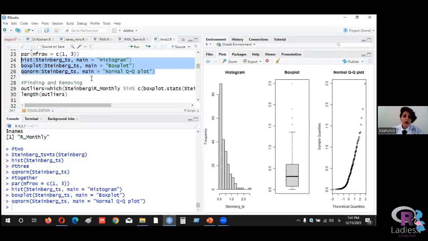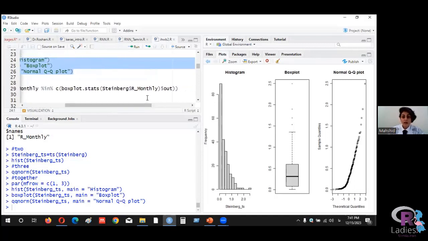Now, so far we know that there are 4 outliers. Now I have to remove them from the time series. For removing them, I have to know the exact place, the exact row numbers of the outliers. So I have to find the row numbers.